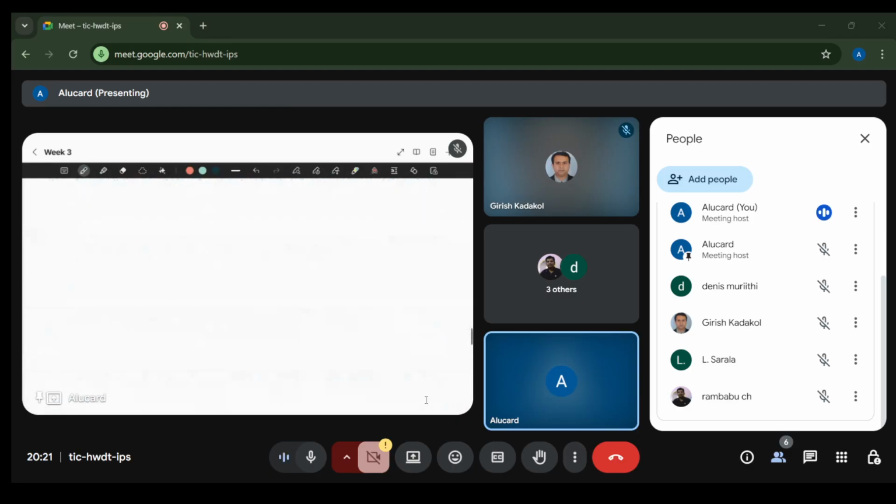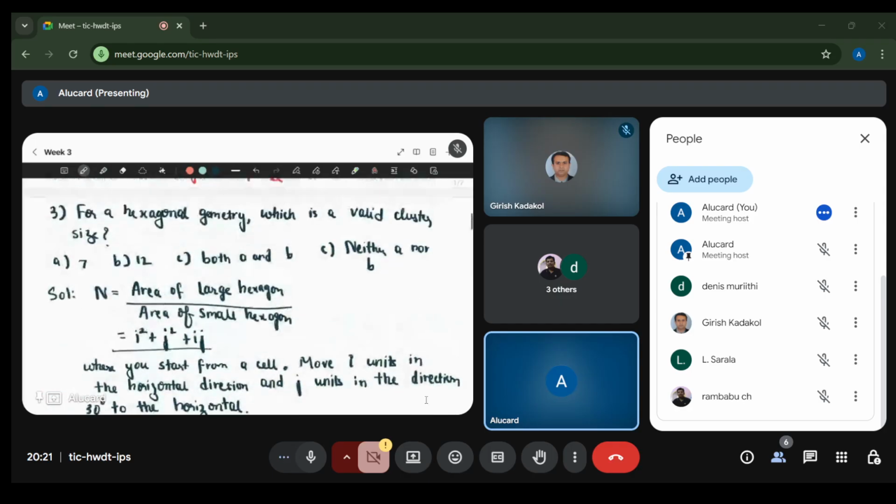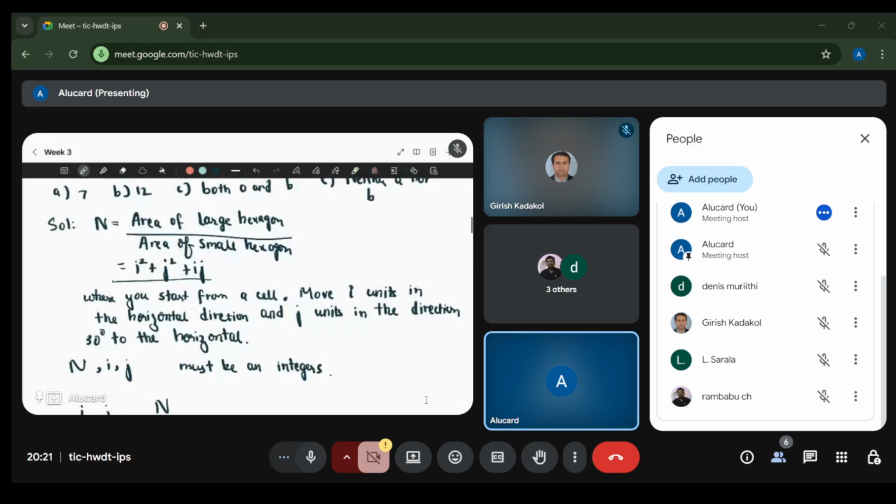So yeah, again in the previous question, you move I units in the direction 30 degrees to the horizontal, and J units in the vertical direction.